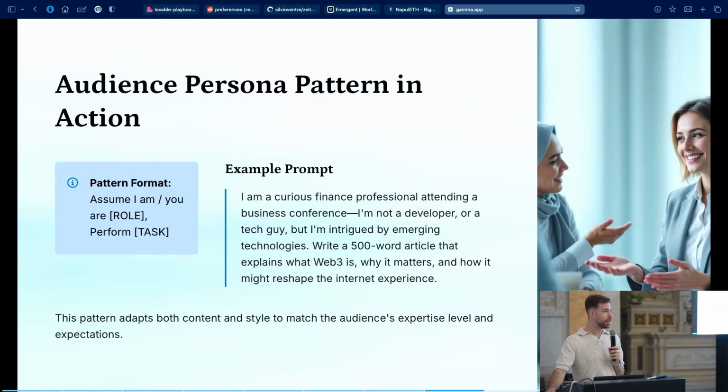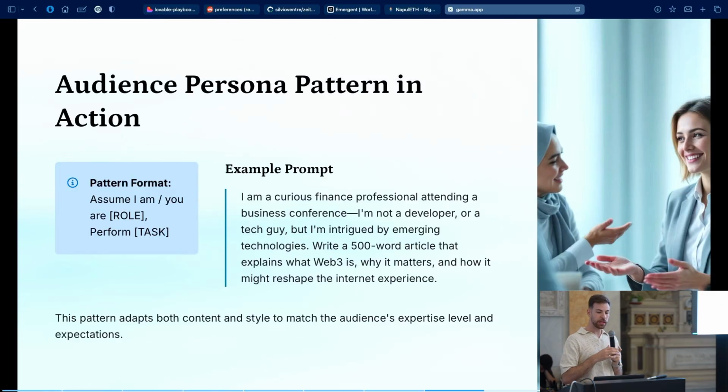I'm not a tech guy. It's really important for the model in this prompt to understand that I don't know anything about coding, about technology in general. I work in finance, and I want to understand what Web3 is, technologically speaking, why it matters, and how it might reshape the internet experience, in a small report, 500 words.